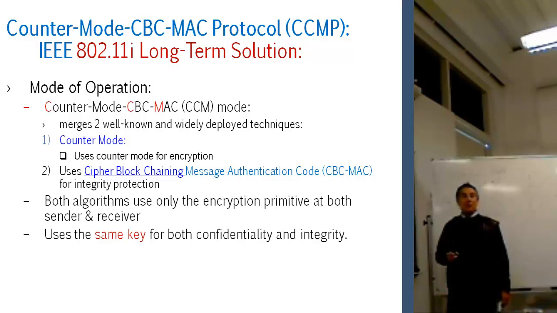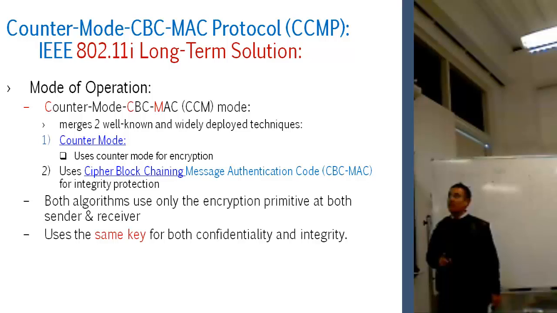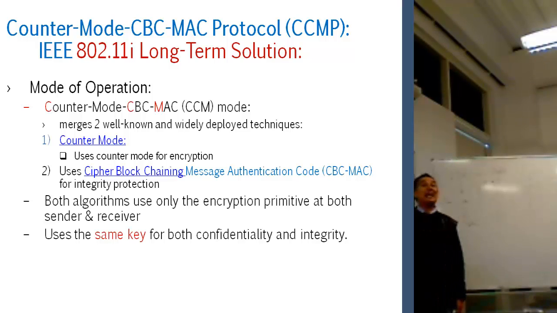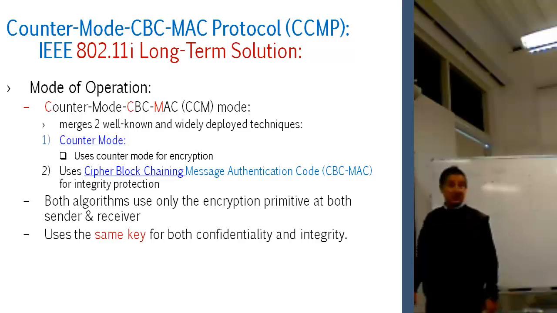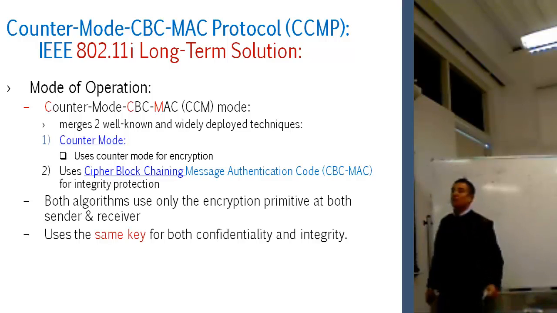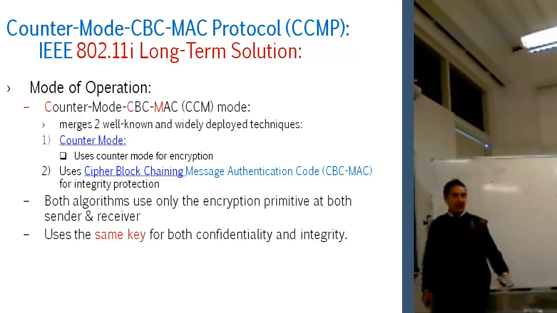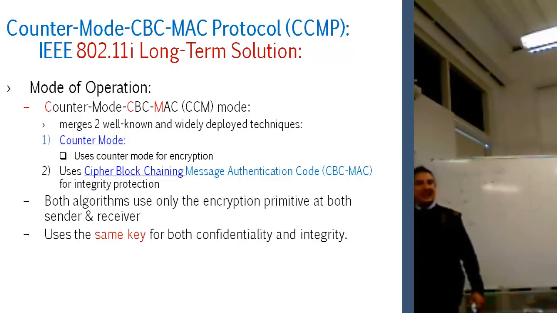And the good thing over here for this CCMP is that the encryption algorithm and the MAC algorithm are the same. I'm going to use the AES algorithm, Advanced Encryption Standard. The name of the actual algorithm is called Rijndael.